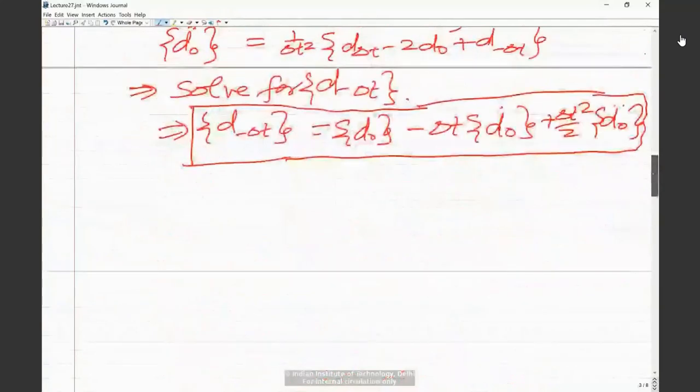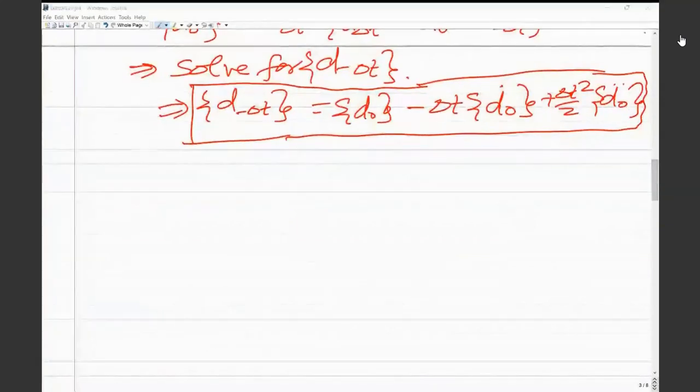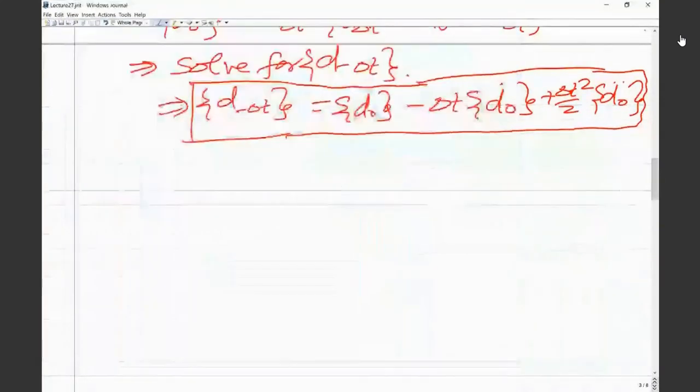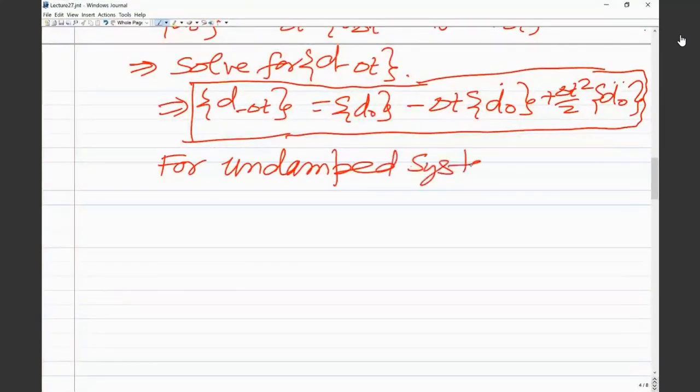Another advantage I'm going to discuss is in terms of computational time. Suppose we have an undamped system, where c is 0.